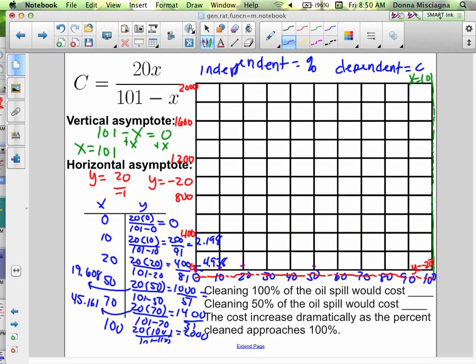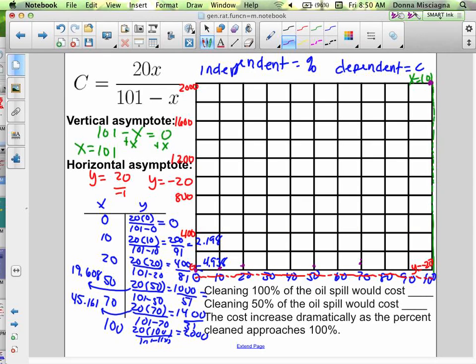So maybe there, right? So we're still really small. Then we got to 70, and finally we were a little bit higher, 45. So if this is 200, that's 100. So approximately here would be 45. Then I get up to 100, and it's going to be 2,000, way up here.